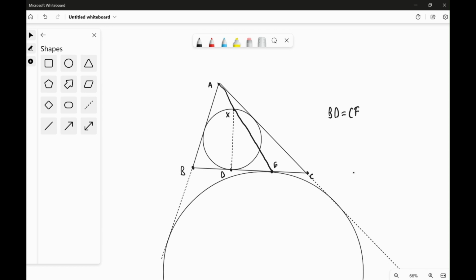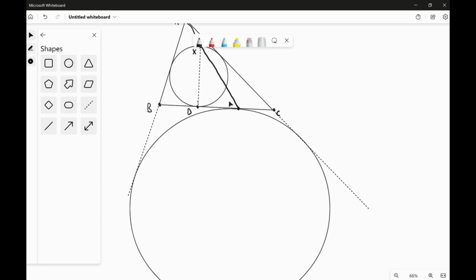Now some of you might know, and I won't go ahead and prove this here, but it turns out that this thing called the A-excircle, which is tangent to BC and tangent to the extensions of the sides AB and AC, ends up intersecting BC at a point E prime, such that BD is equal to CE prime.